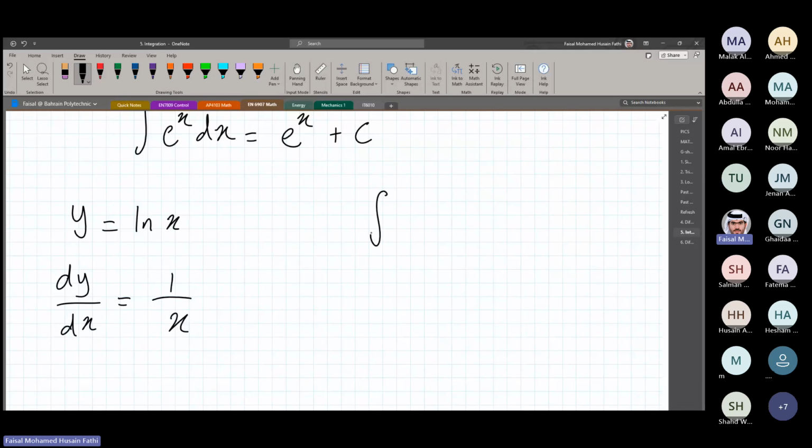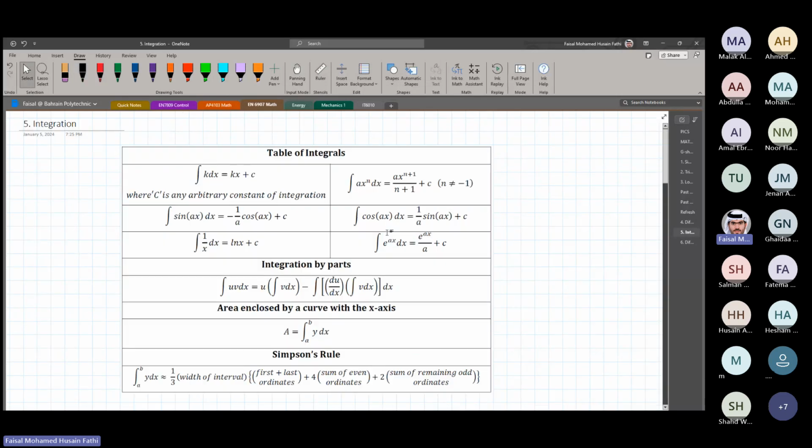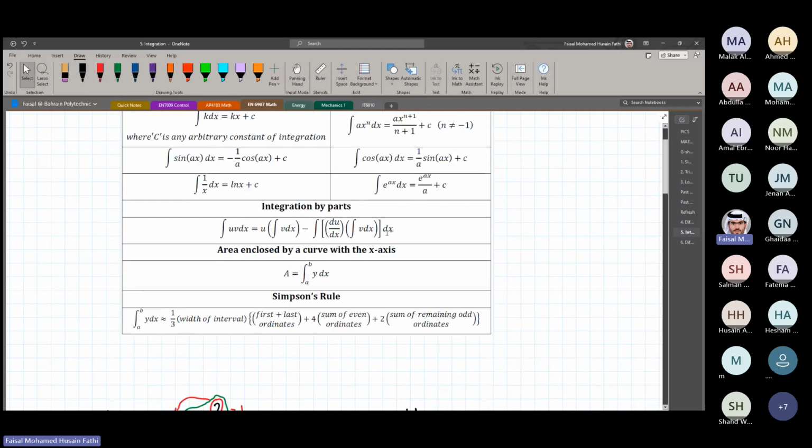So if we want to integrate 1 over x, what do we get? We get ln of x plus c. That's it. So when you see the integration of 1 over x, you know that the answer is going to be ln x plus c. And again, I believe this is also in your formula sheet, if I'm not mistaken.